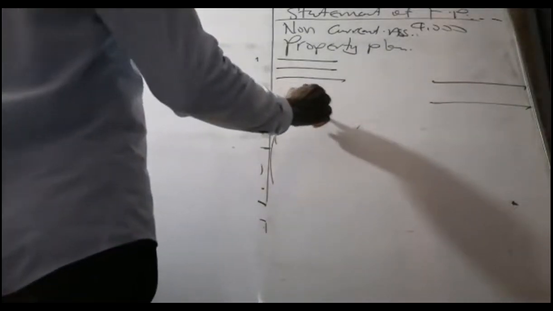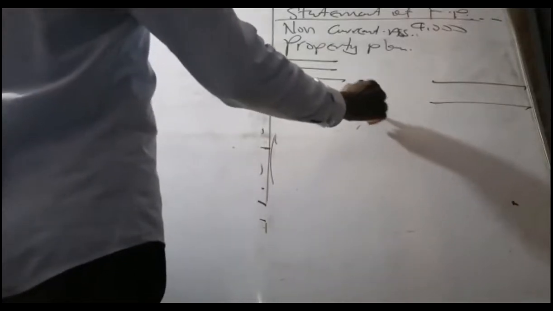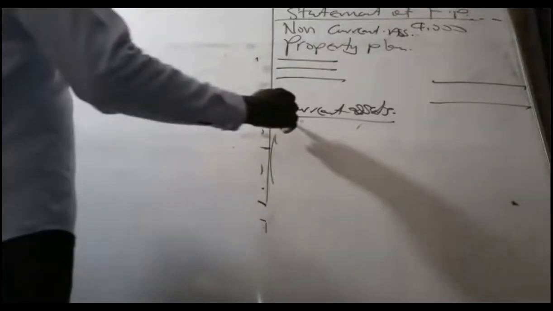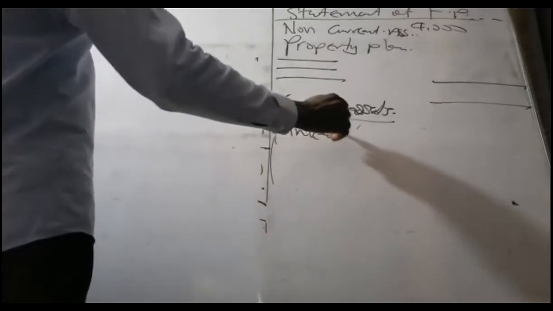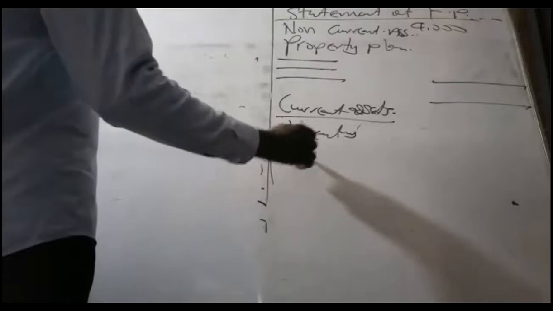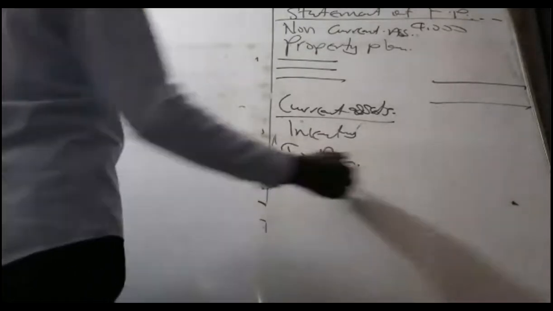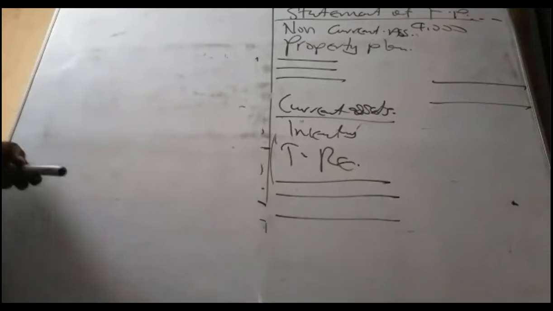That's the total on non-current assets. Then I'll move on quickly to current assets. For current assets, I know some of them that must be in the question. 1, inventory. All right. Trade receivable, I'll write it. And again, I'll leave lines. 1, 2, 3.